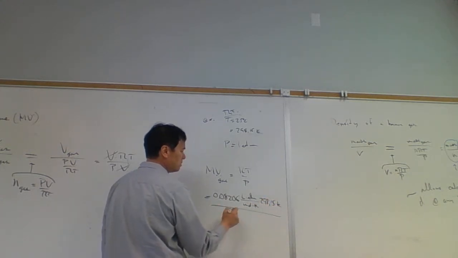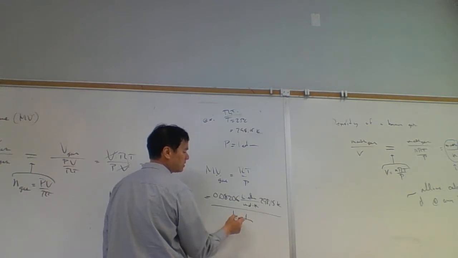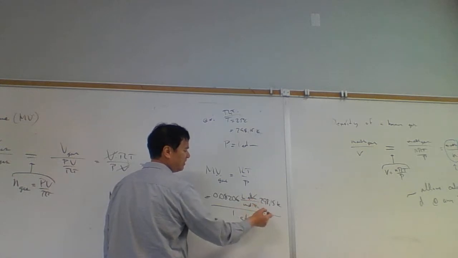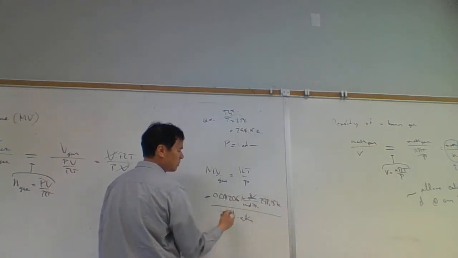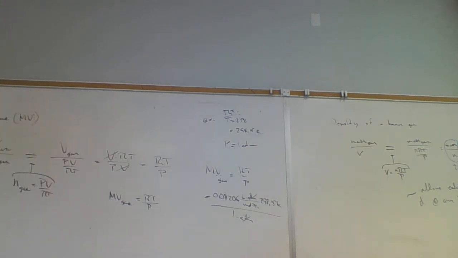P is, we're just going to do 1 atmosphere, exactly 1 atmosphere. So infinite sig figs here. So atmospheres cancel, Kelvin cancels, and that leaves us liters per mole. So let's figure out how many liters per mole that is. I have the number memorized, 24 and a half, but that's to 3 sig figs. What if I wanted it to 4 sig figs? Well, let's see what it is.